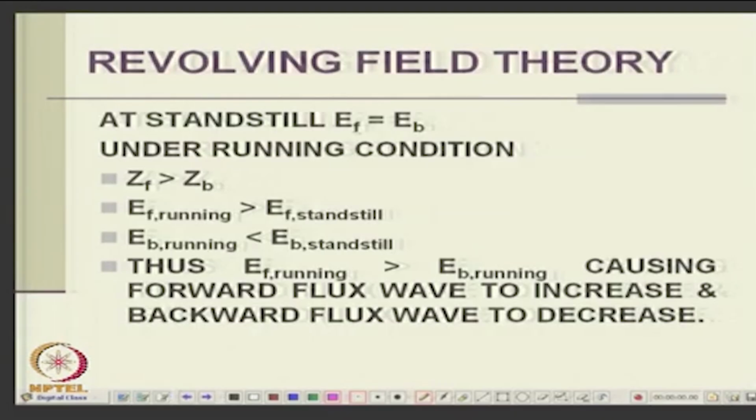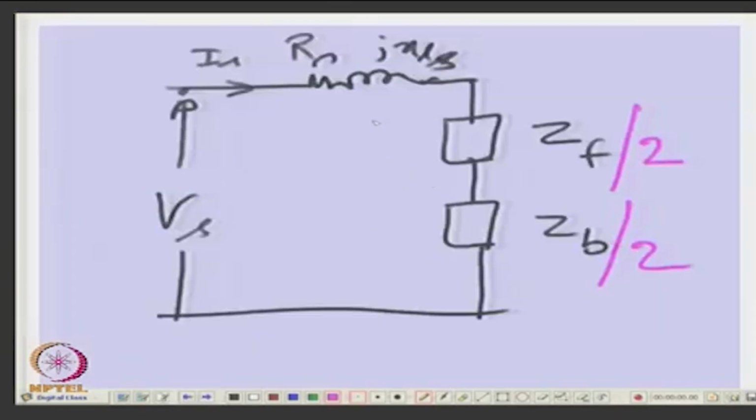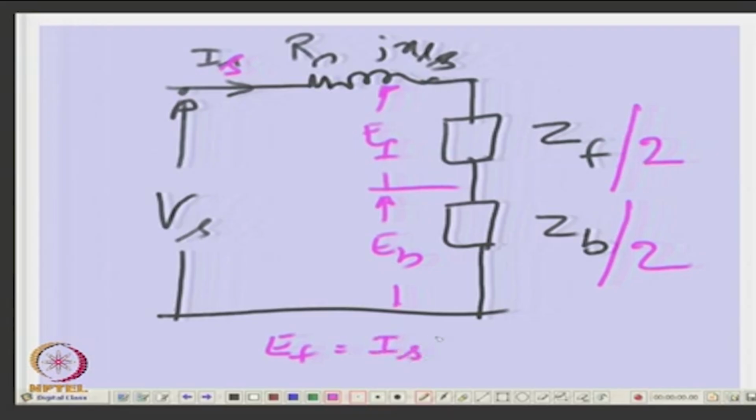Now, at standstill EF is equal to EB, where ZF equals ZB. In fact, you can always say what EF and EB are. EF is equal to IS into ZF by 2, and EB is IS into ZB by 2.